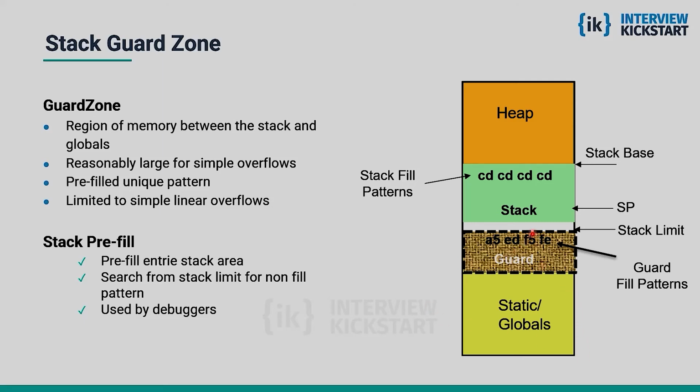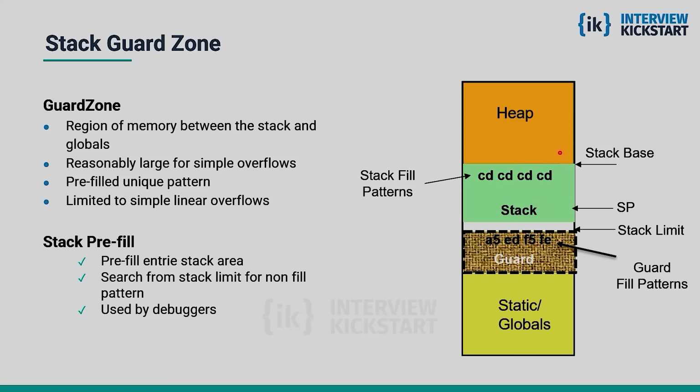Then there is another method for tracking the stack usage. This is basically filling a unique pattern for the entire stack. In contrast to filling the guard region, you initialize the stack with a unique pattern such as CD, CD, CD.